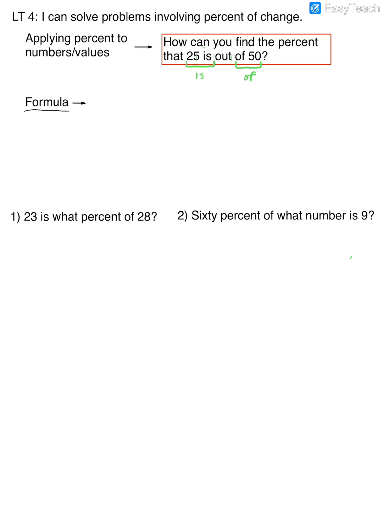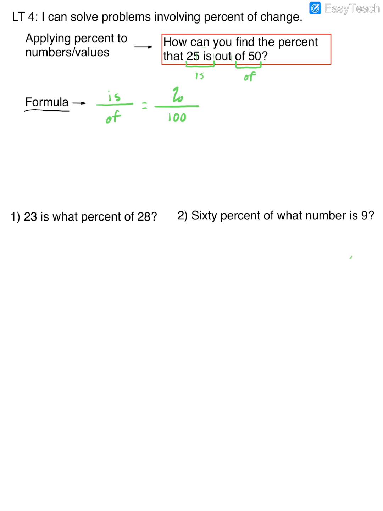Our formula should be set up as a proportion, just like we did in the last learning target. But here on the left side, you have is divided by of equals percent over 100. Or percent divided by 100, sorry.